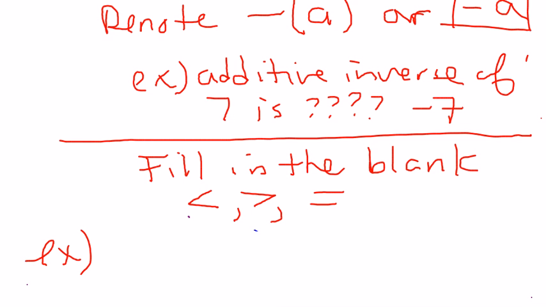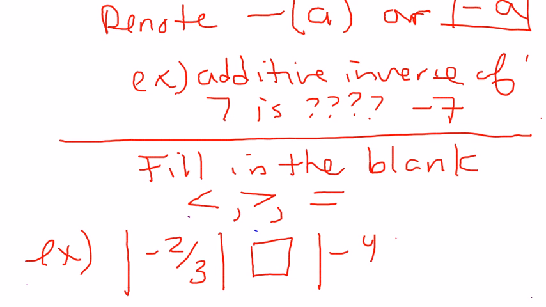And just for grins and giggles, let's try one with fractions, because I know how everybody loves fractions. Okay, bar -2/3, so that's the absolute value of -2/3, blank, bar -4/3. It means absolute value of -4/3. Okay, so the first thing you're probably thinking is, okay, the absolute value of -2/3 is 2/3. All right, so now we've got 2/3 versus, over here, the absolute value of -4/3, which is 4/3.